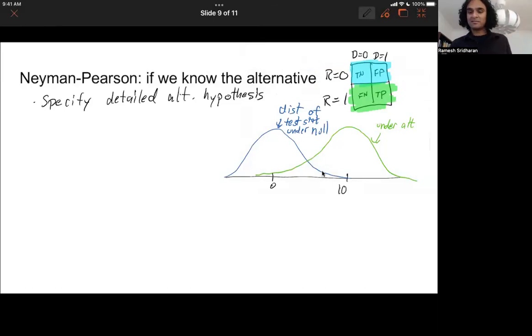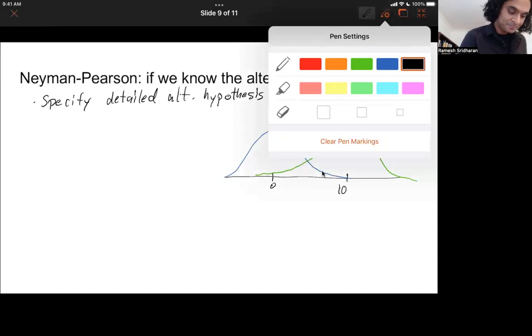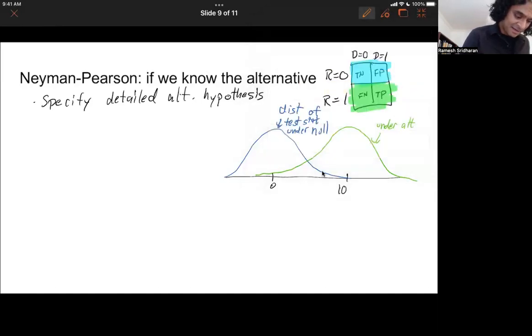And so we can say, if my test statistic is here, then the probability of the test statistic given the null is very small. This density is really small. The probability given the alternative is pretty high. So I should probably favor the alternative if I get a test statistic here. And if I get one that's way over here, again, I should probably favor the null.